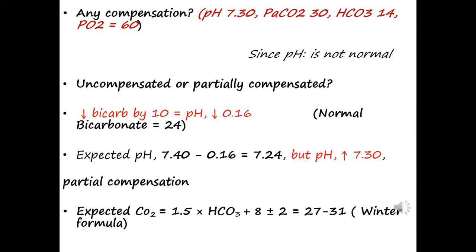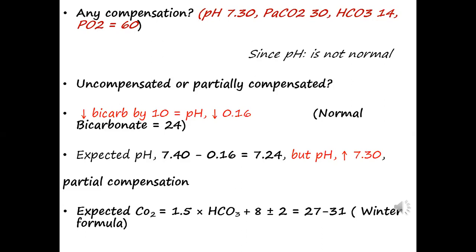Now, by that master chart, we know that for each 10 mmHg fall in the bicarbonate, the pH should fall by 0.16. For calculations we take normal bicarbonate as 24. Although the range is between 20 to 24, for calculations we always take bicarbonate as 24. Here our bicarbonate is 14, so it has fallen from 24 to 14.